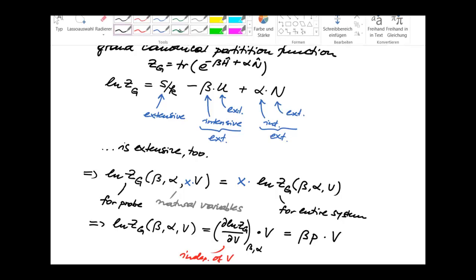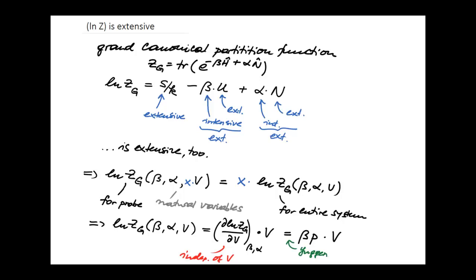So this comes from the Guggenheim square, which first of all tells us that the partial of the log of z with respect to v is the same as the partial of the entropy with respect to v. This is the part that we learned from Guggenheim. And then from our table of conjugate pairs, we learn that the partial of the entropy with respect to volume is equal to beta times the pressure. So this is the second input here, the table of conjugate pairs with respect to entropy.